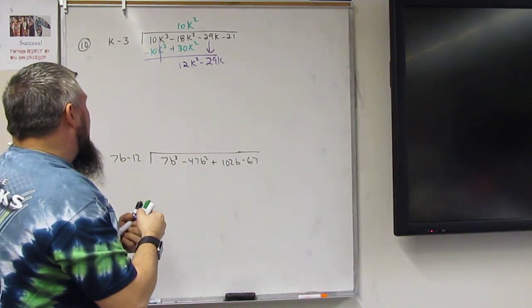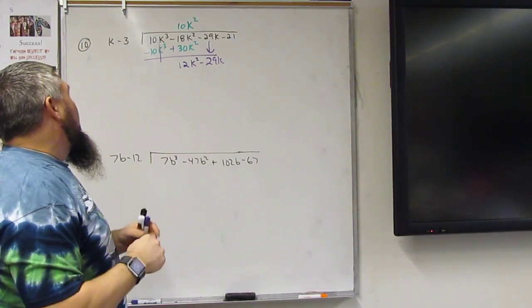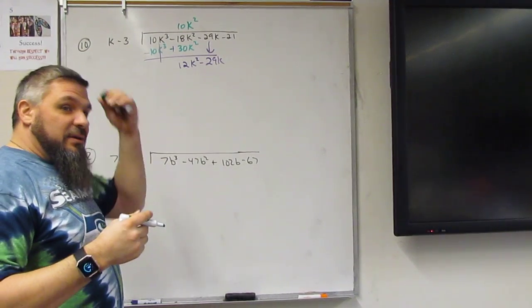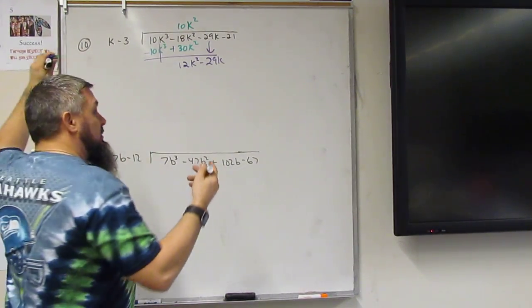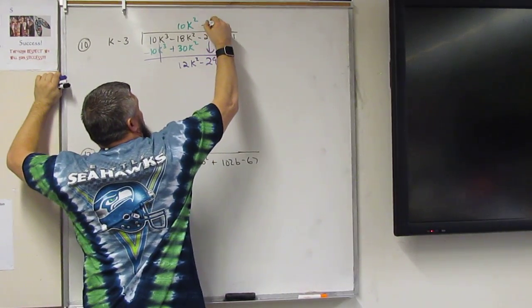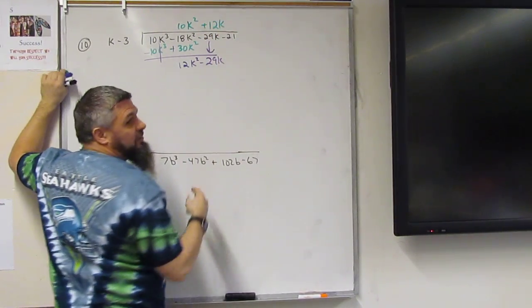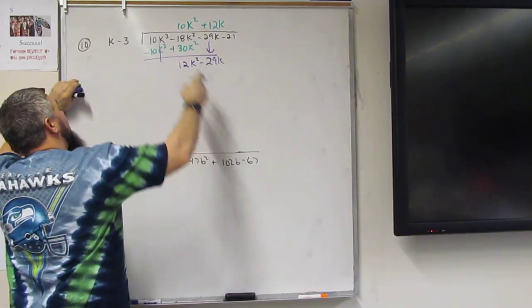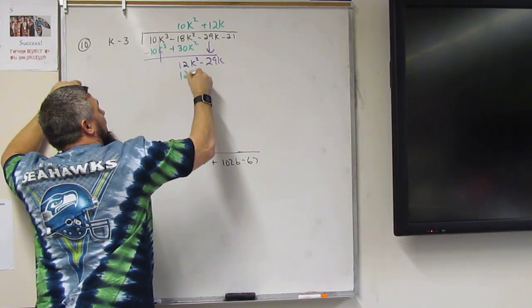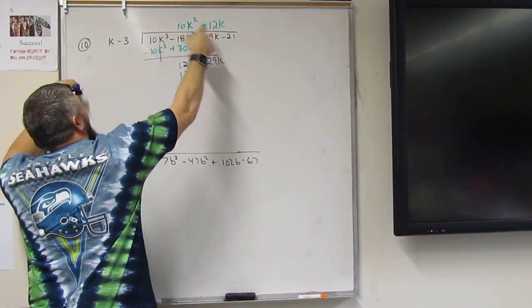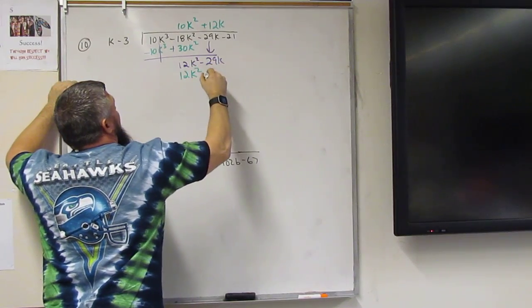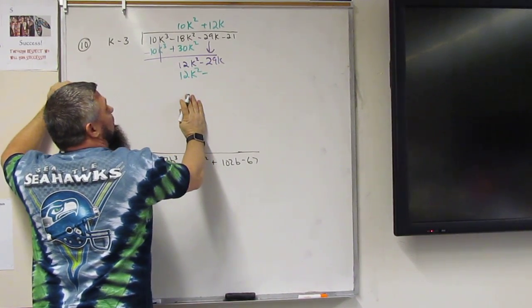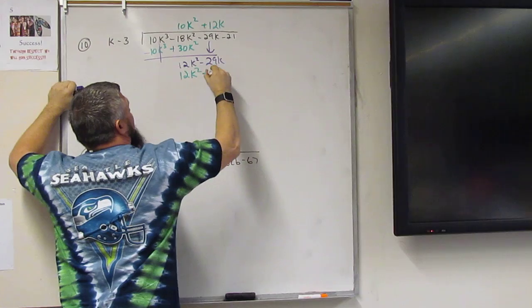And then I ask myself, okay, how many k's are in a 12k squared? And then it's just plus 12k, right? 12k times k is 12k squared. And then 12k times negative 3 is minus 36k.